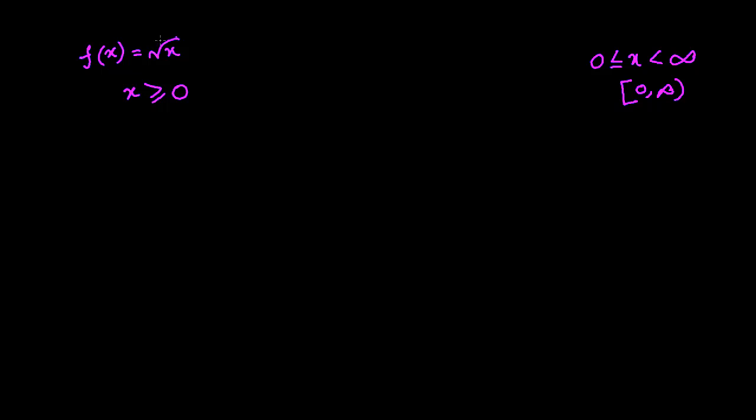In case of range, the square root of a number cannot be negative. First of all, that number has to be 0 or greater than 0. That is the domain. But the output value, square root of x, if we find a value, the value will always be positive. It can be 0 or it can be positive.